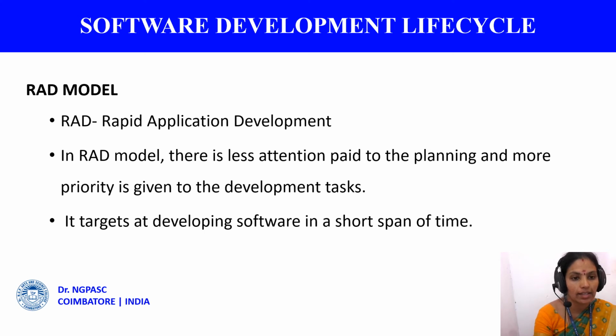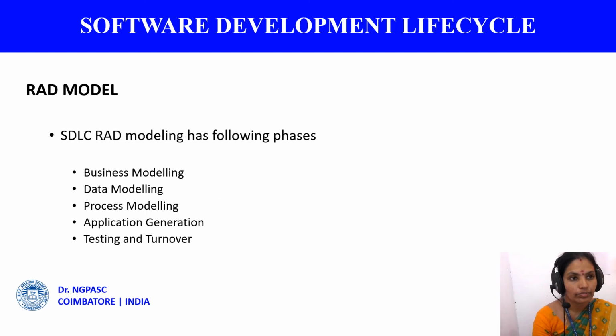It targets deploying software in a short span of time. So we can develop software in a short span of time by using the RAD model. The RAD model has phases like business modeling, data modeling, process modeling, application generation, testing and turnover.